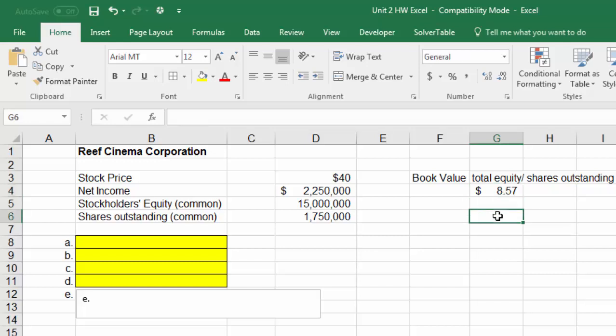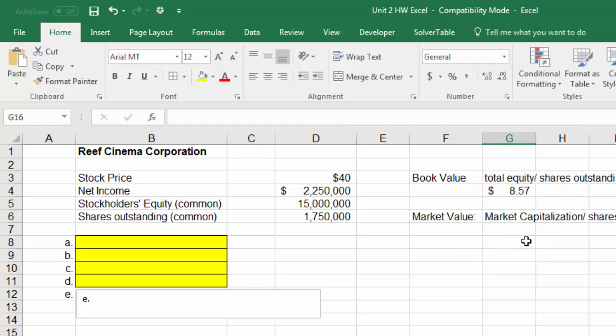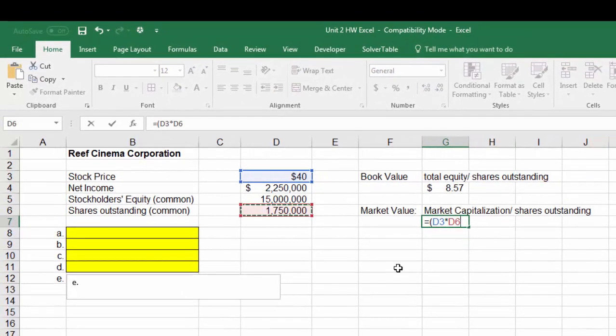And then what we're looking to compare is the market value of the company's assets, which of course is total market capitalization, the total market value of all the shares, divided by shares outstanding. And that's going to look like this. The stock price times the shares outstanding divided by the shares outstanding.